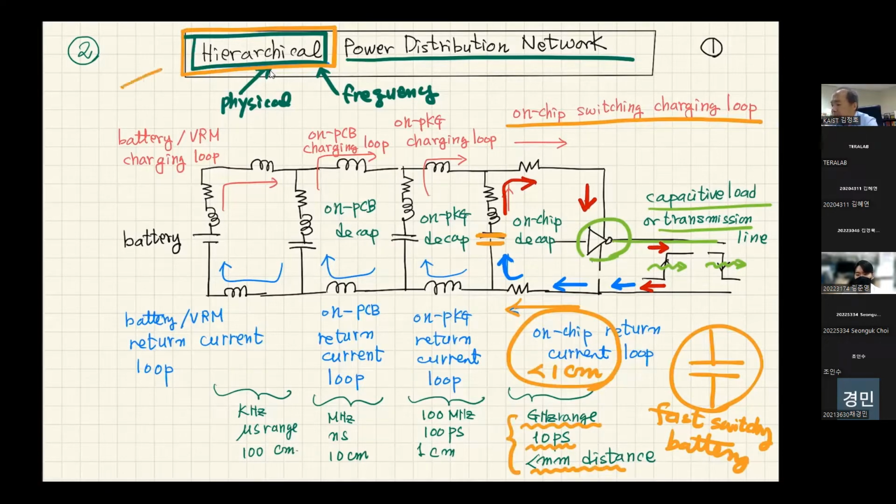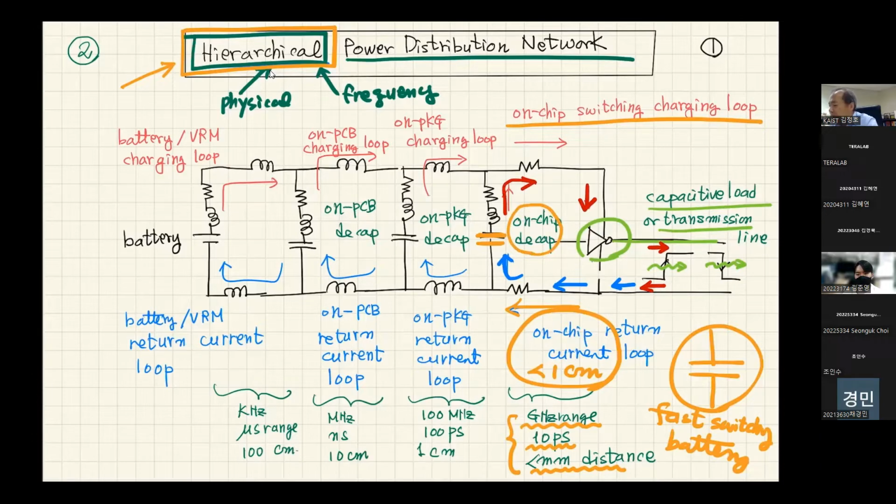I'm saying that we have to approach with hierarchical design. If we had an infinite amount of on-chip decoupling capacitor area, we probably wouldn't need this hierarchical design. But inside the chip, we can have only a minimal amount of capacitors because of area limitation.